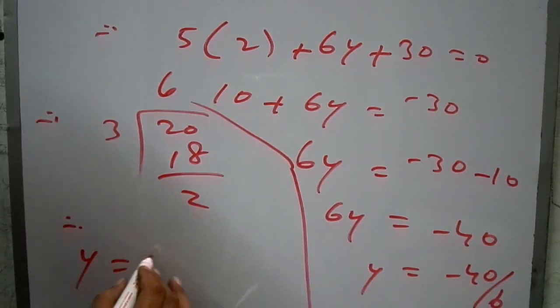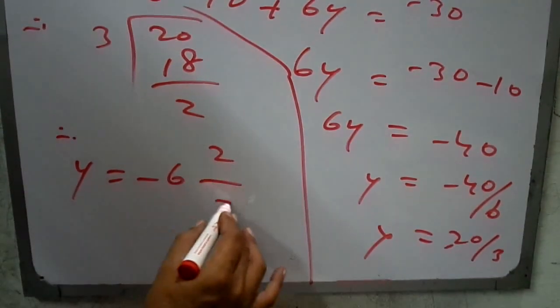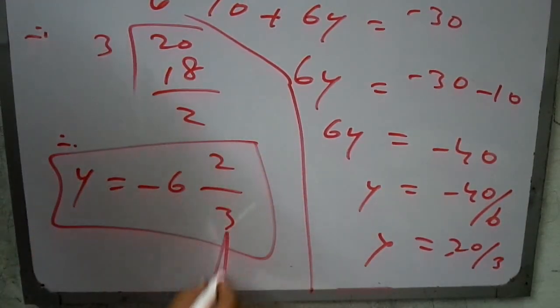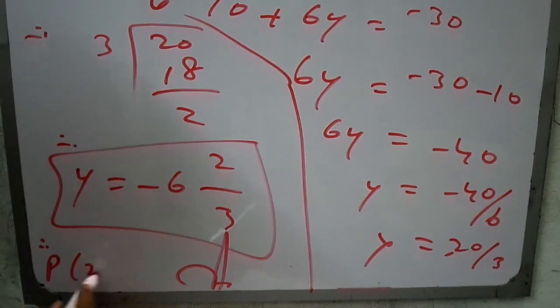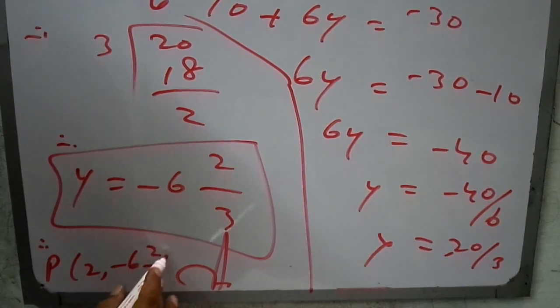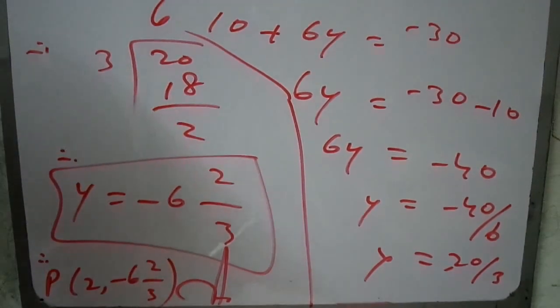Therefore the value of y is minus 6 whole by 2 by 3. So that is the result. So the points will be 2, minus 6 whole 2 by 3. So these are your required points.